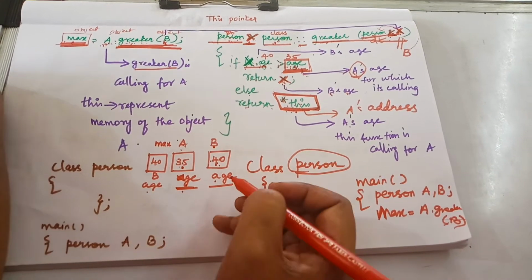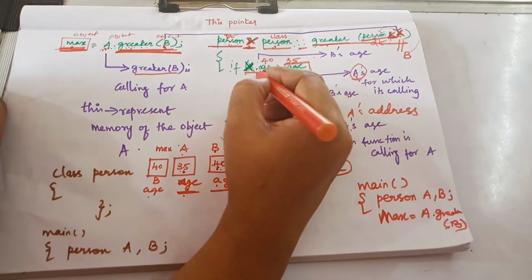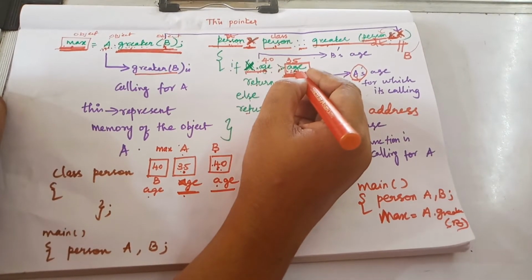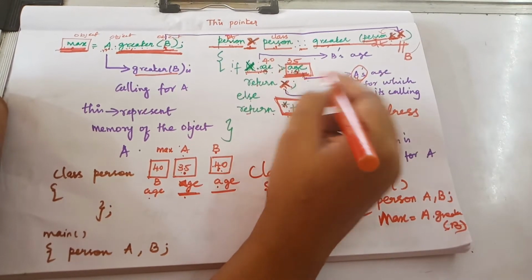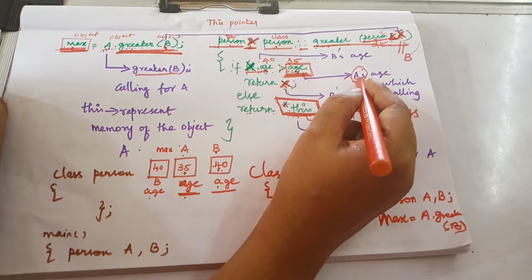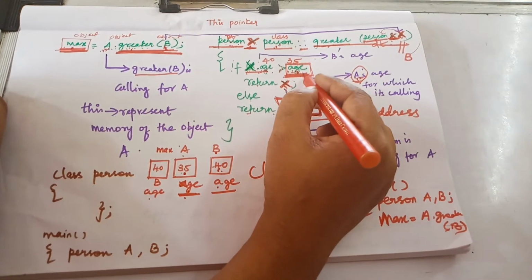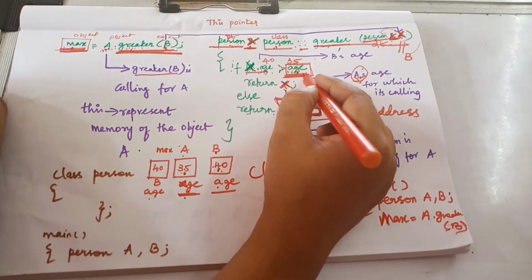So how are you going to compare these two? I am calling the member function for the object A. Okay. So for that object, no need to use the dot operator to use the data members. Correct?